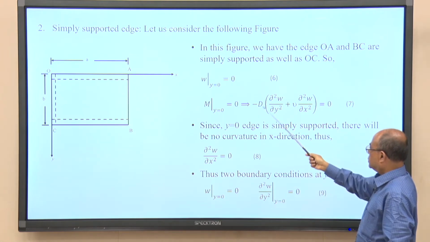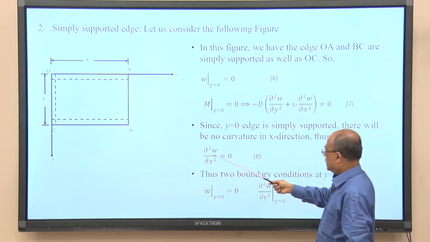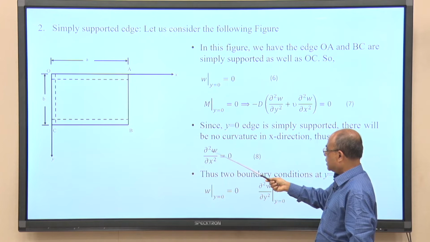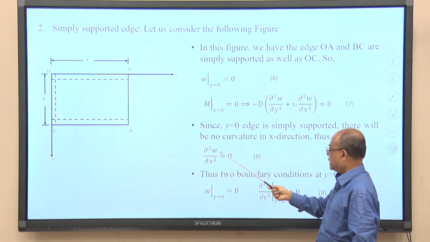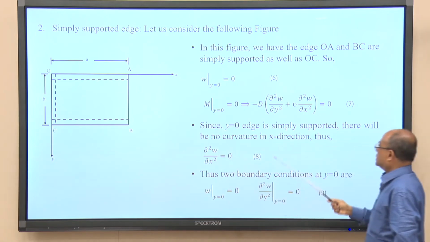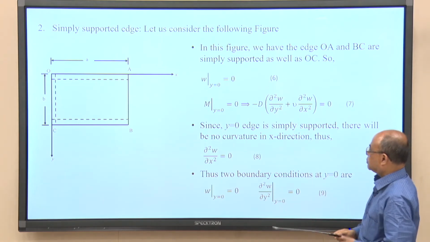Hence, the second condition is simplified to only this equation: del square w del x square equal to 0. So, the second derivative of w with respect to x equal to 0. This is the condition at y is equal to 0. So, we got two conditions at y is equal to 0.